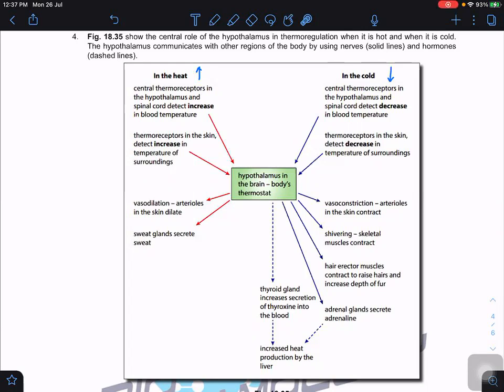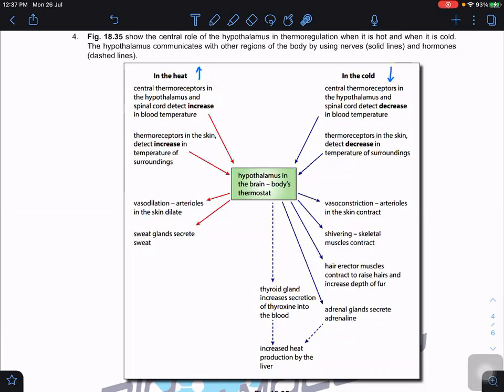So what are the correcting measures here? First, vasoconstriction reduces the blood flow to the skin. Shivering, so the skeletal muscle contracts. The hair erector muscle contracts to raise the hair, to increase the depth of the fur, and our adrenal gland secretes adrenaline. You can see that the solid lines mean it is through the nervous system.